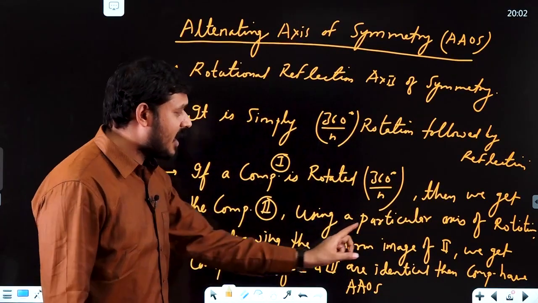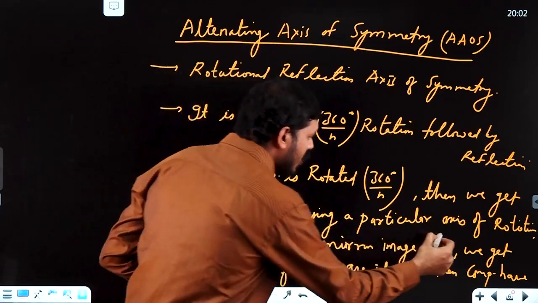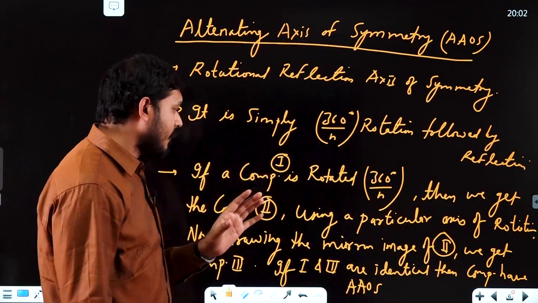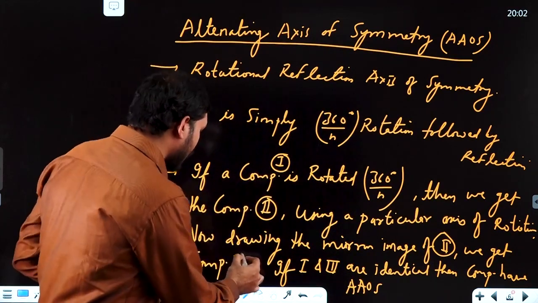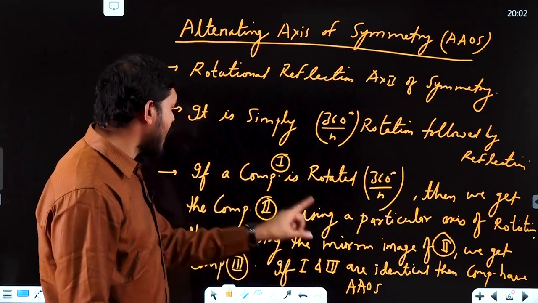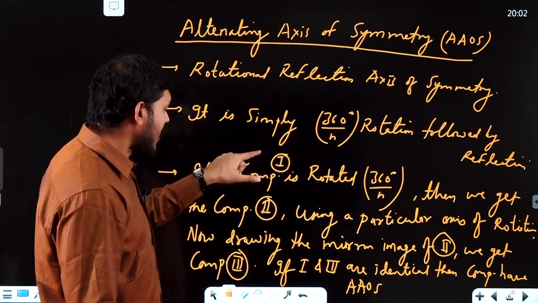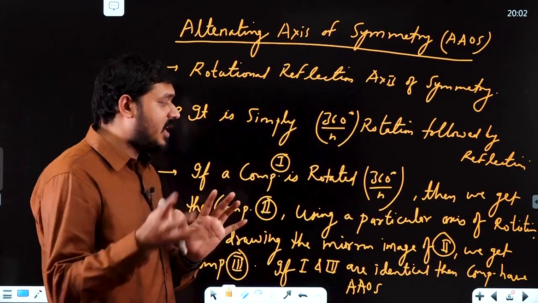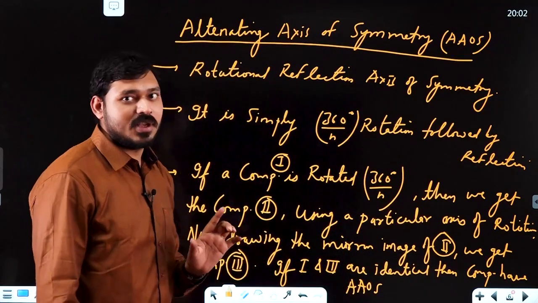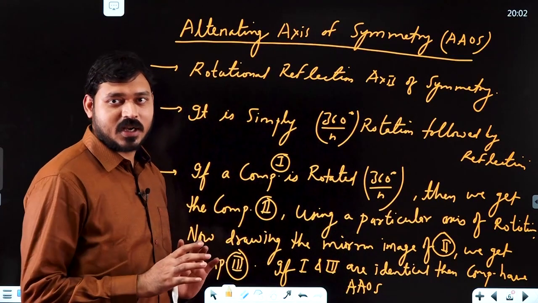Now we draw the mirror image of compound 2 and we get another compound, that is 3. If 1 and 3 are identical, this initial and the third one, then we can say the compound has an alternating axis of symmetry.